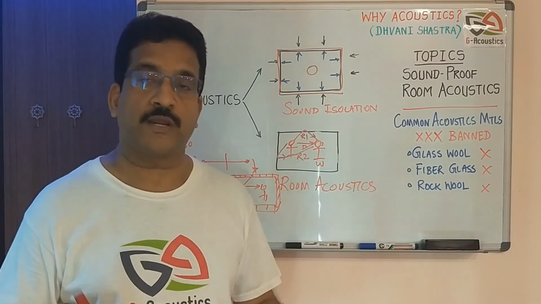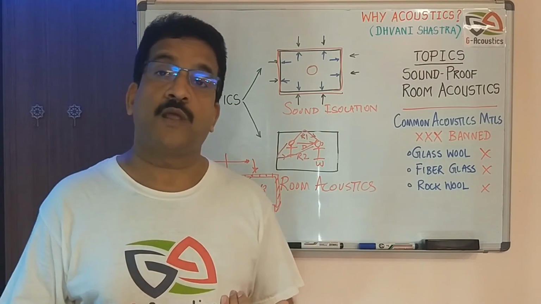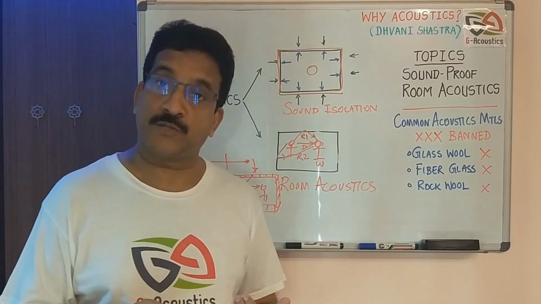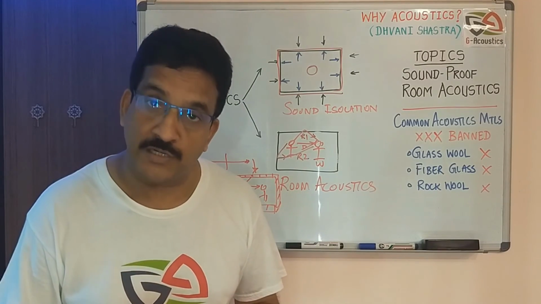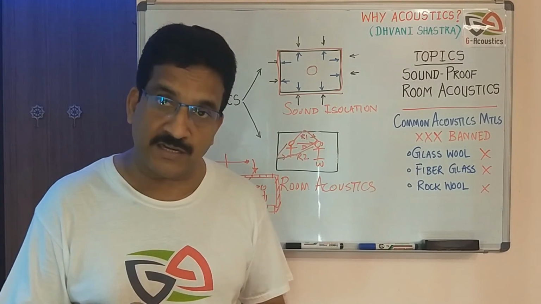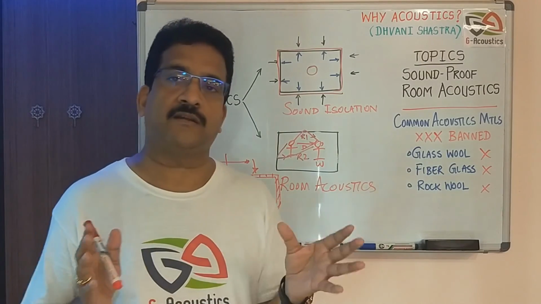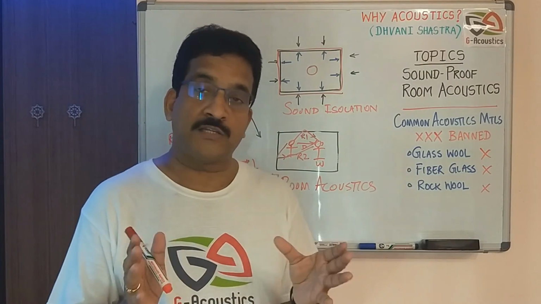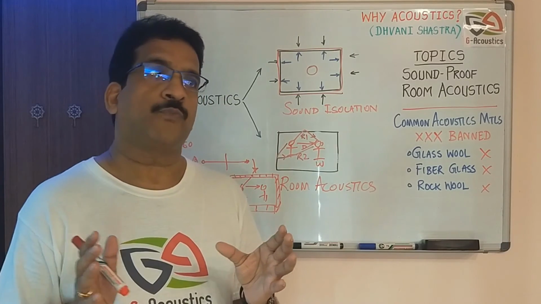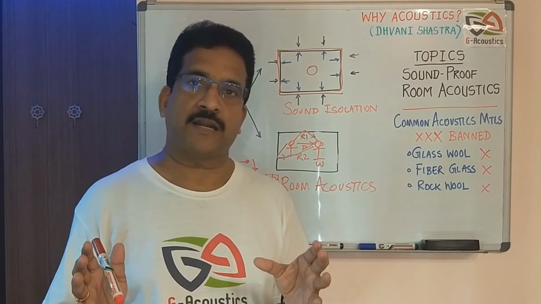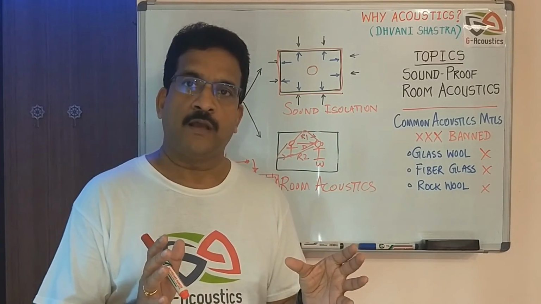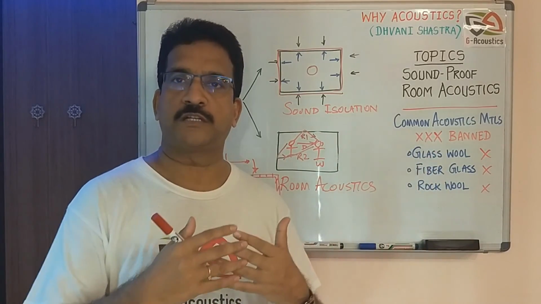Because to get the right reverberation time, we should have a mix of absorption, diffusion and reflection inside the room as a combination. That's how we get the right reverberation time. So when it comes to acoustic panels required for room acoustics, we don't cover 100% of the surface area.